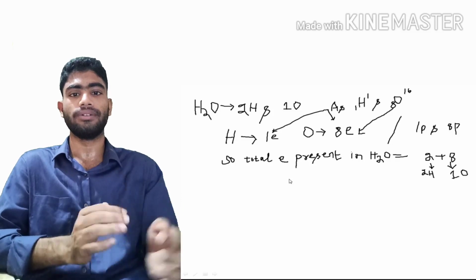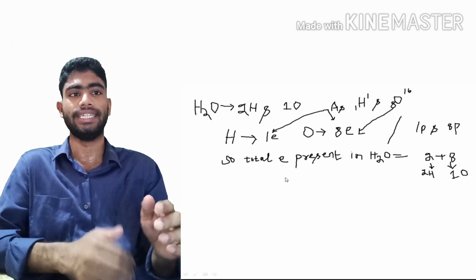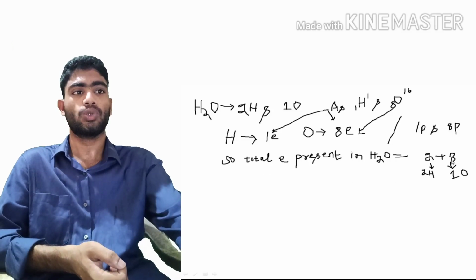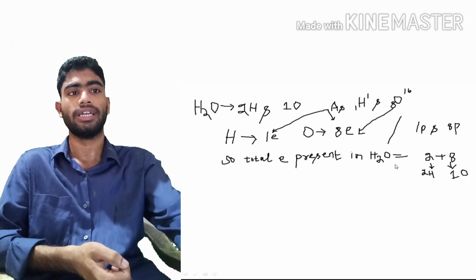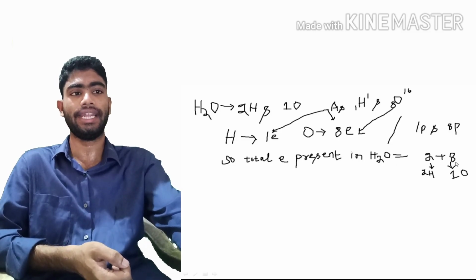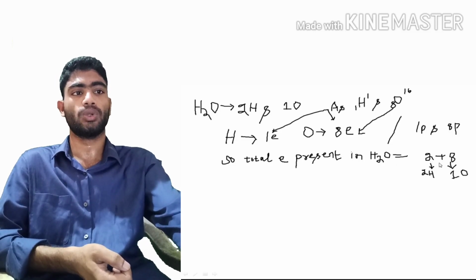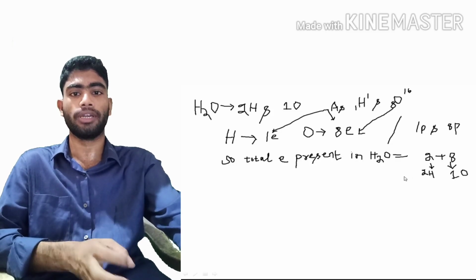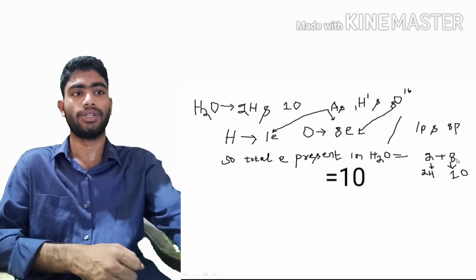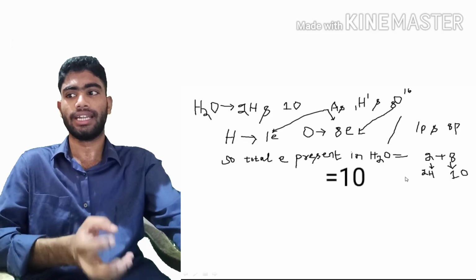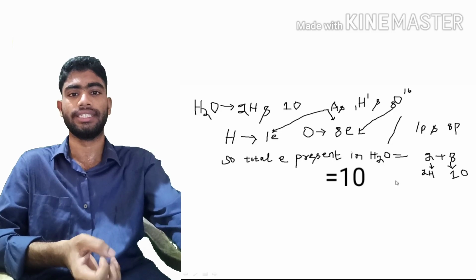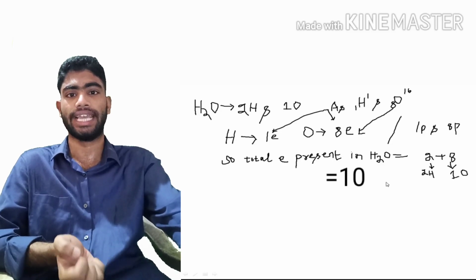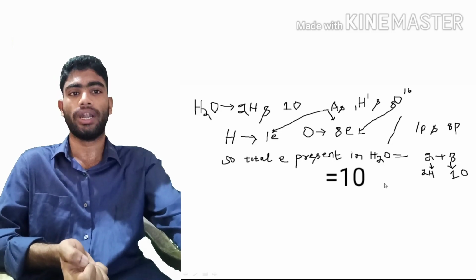So the total number of electrons or protons present in a water molecule is given by 2 plus 8. 2 is because 2 hydrogen are present, and 1 oxygen. For 2 hydrogen, 2 electrons, and for 1 oxygen, 8 electrons. So the total number of electrons is 10. You can say there are 10 electrons present in the water molecule, or 10 protons inside the water molecule.